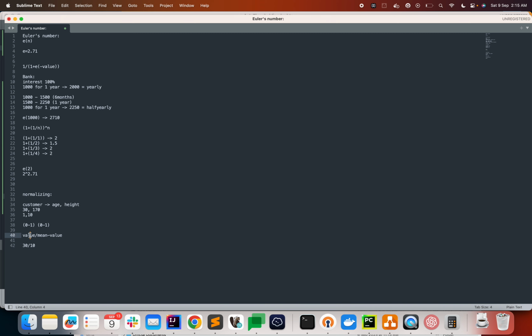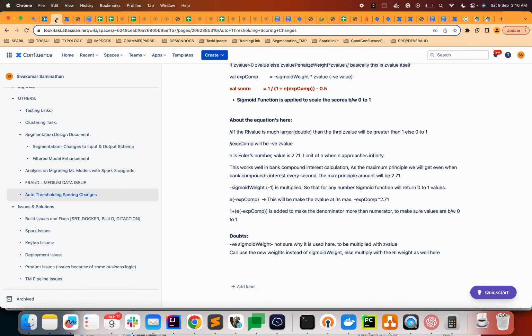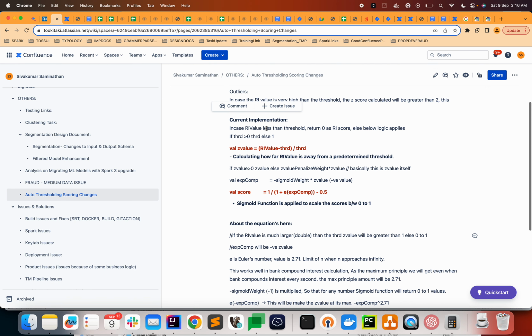Value is 30, mean is 40, so 40 minus 30, this is 10. This is basically okay, but this is wrong in a way.